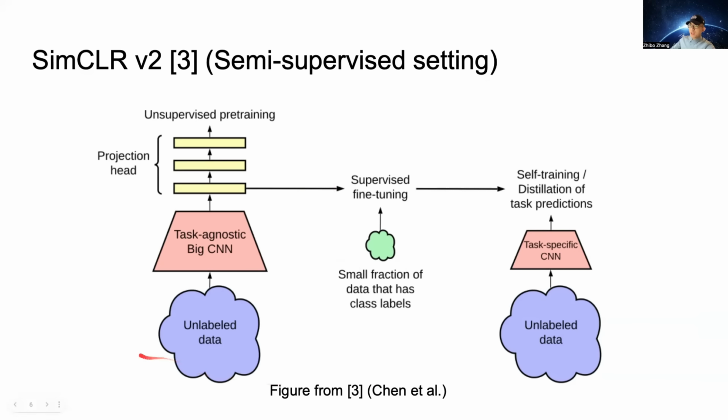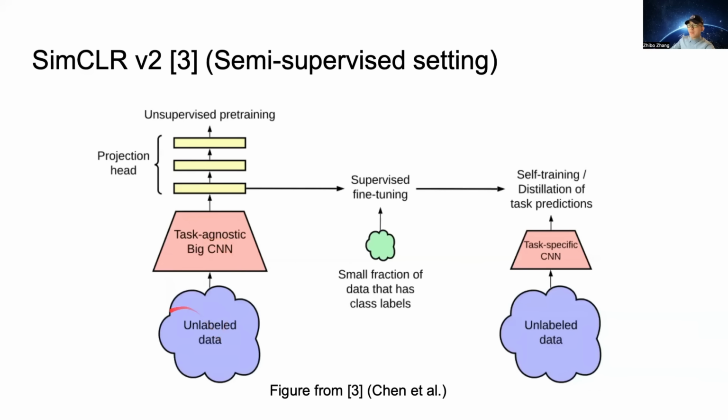In the first stage, there is a massive amount of unlabeled data, so the authors utilize it to train a big deep neural network, in this case a big convolutional neural network, which hopefully gives us good representations that can generalize to different downstream tasks without any prior information, right?